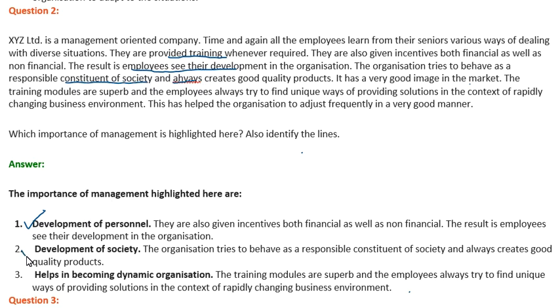That means it is contributing in the development of society. This being the second point. And this is the last line which we saw: try to find out unique ways of providing solution in context of the rapidly changing business environment. That means it is helping in becoming a dynamic organization. So these are the 3 points of importance which we noticed in this case study.